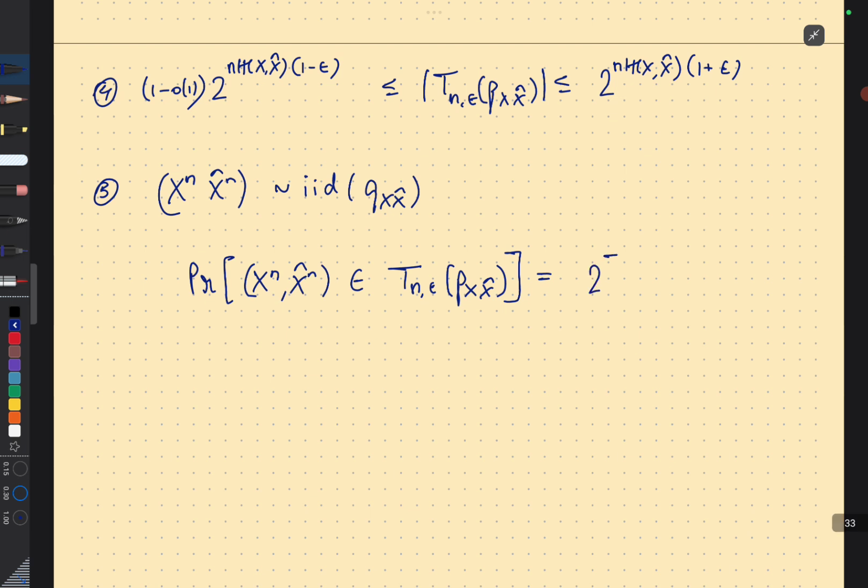So it's going to be roughly 2 to the minus n times the KL divergence between P of x, x hat and Q of x, x hat plus some function of epsilon which goes to 0 as epsilon goes to 0.